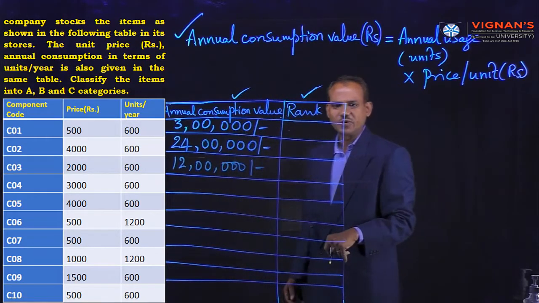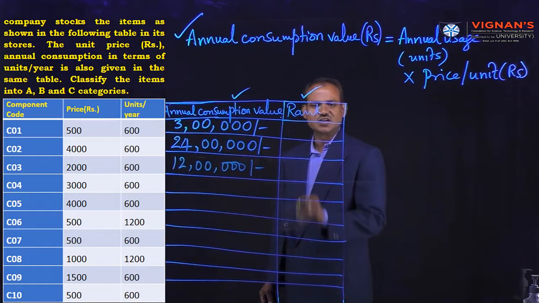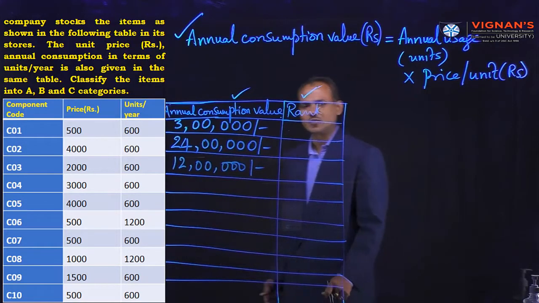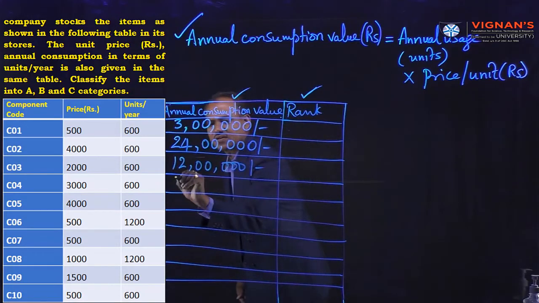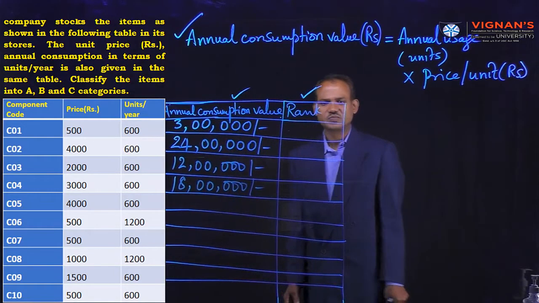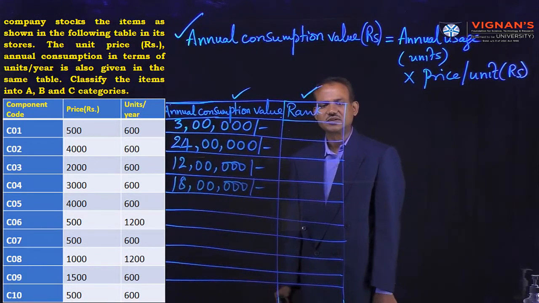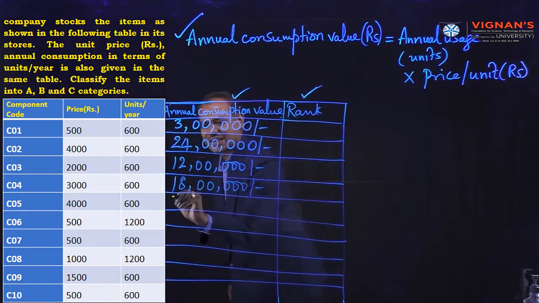Next, for component 4, price per unit is 3000, number of units per year is 600. 3000 into 600, how much? 3 6 18, that means 18 lakhs. Okay. Next, for component 5, 4 6 24 lakh.